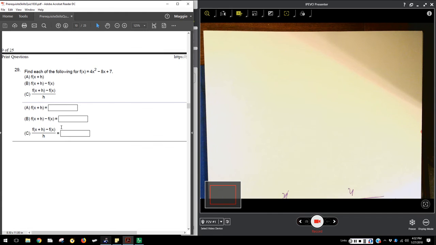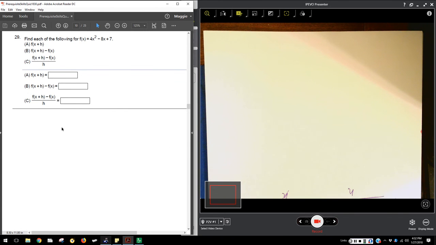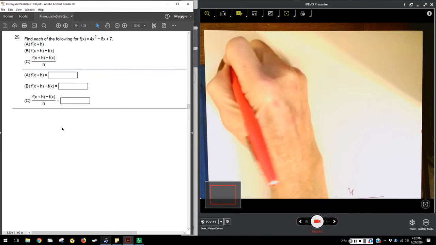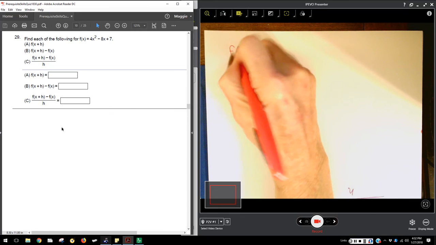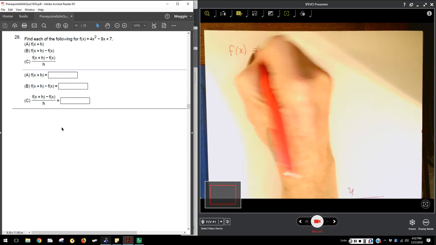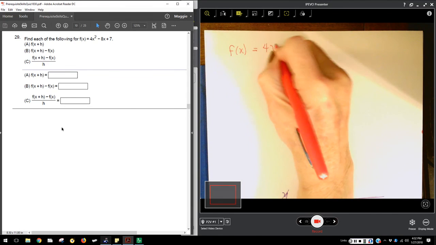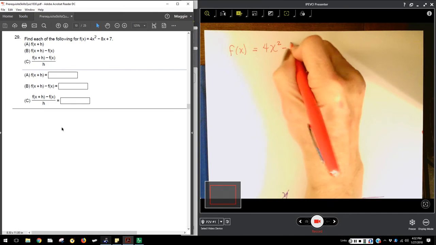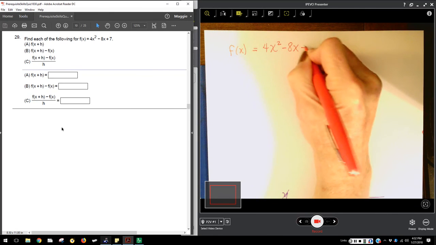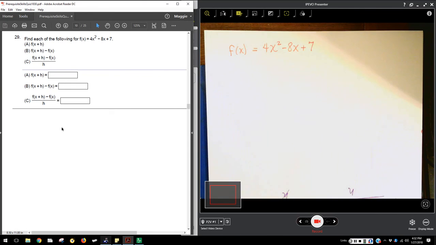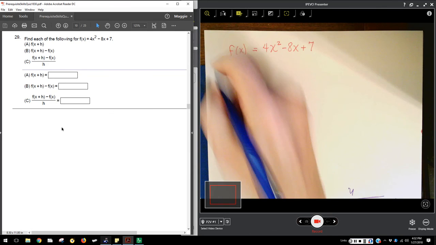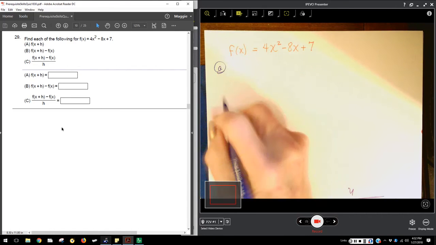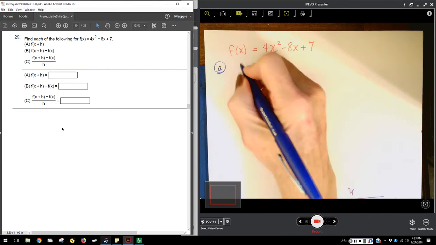Think positive. Number 28. We are initially given a function, which is a quadratic function. F of x is equal to 4x squared minus 8x plus 7. And our first step is to find f of x plus h.